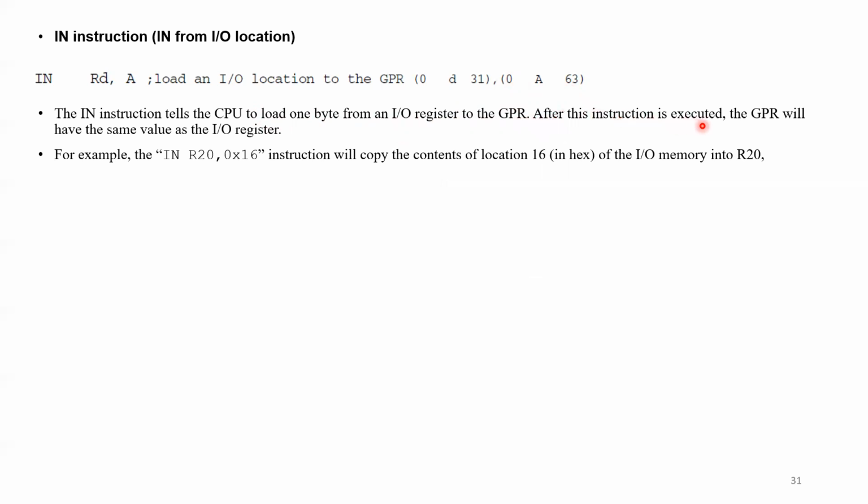After this instruction is executed, the general purpose register will have the same value as the input-output register. For example, if we say IN R20, 0x16, this means the instruction will copy the contents of memory location 16 hexadecimal, which is one of the input-output memory locations, to the register R20.